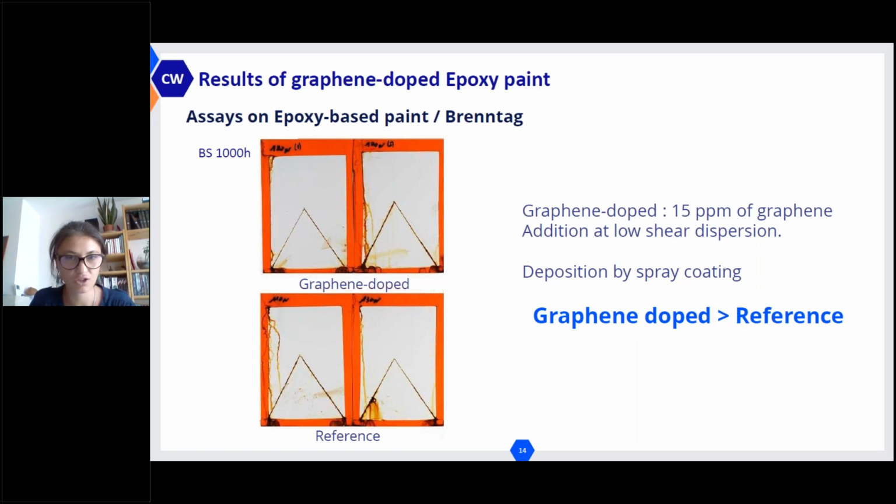The protection is better because on the scratch, with the graphene doping, we can't see any delamination or bubbles of the paint. That is not the case for the reference, where we can see corrosion, bubbles, and delamination of the film begins after 1,000 hours.